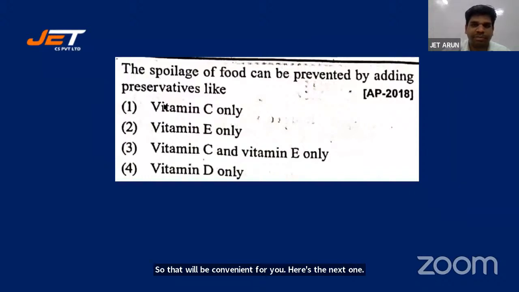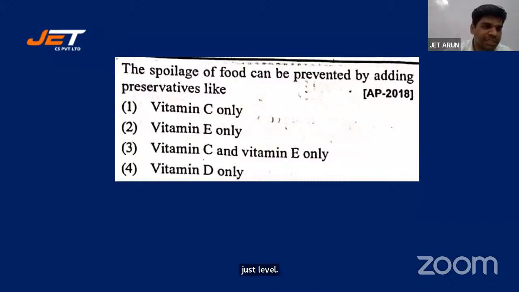The spoilage of food can be prevented by adding preservatives like vitamin C only, vitamin E only, vitamin C and vitamin E only, vitamin D only. Okay, this is a fact-based question. No logic at this level.